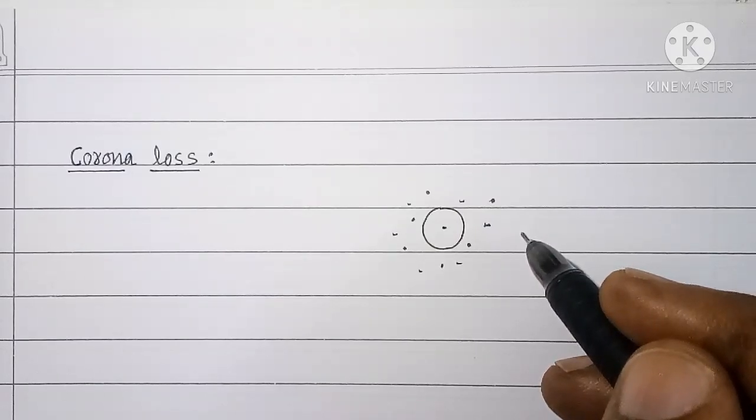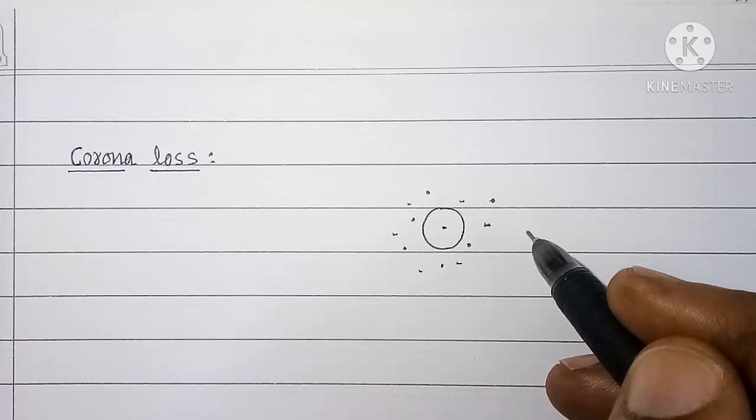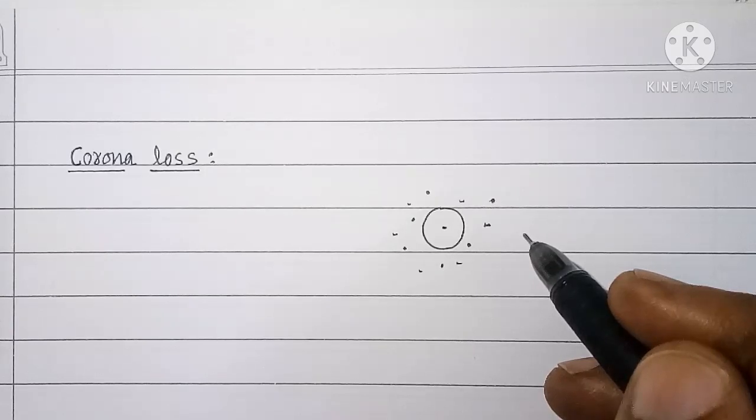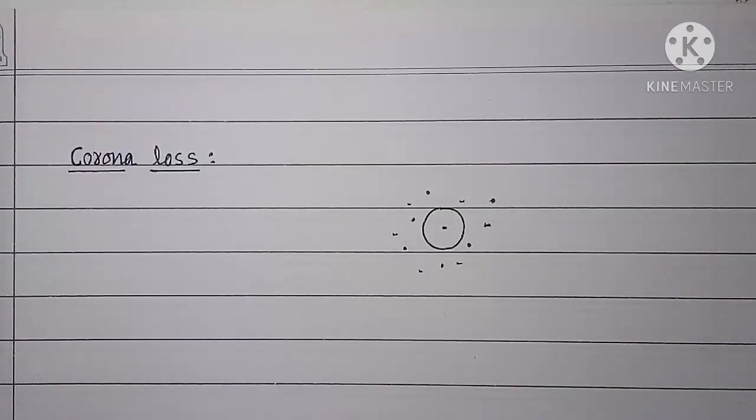Mr. Peake gave one empirical formula for corona loss under fair weather condition, and Mr. Peterson gave another formula to calculate corona loss under foul atmospheric conditions.